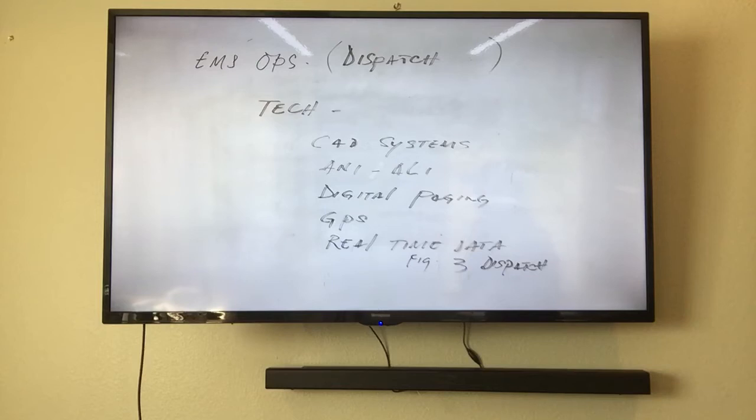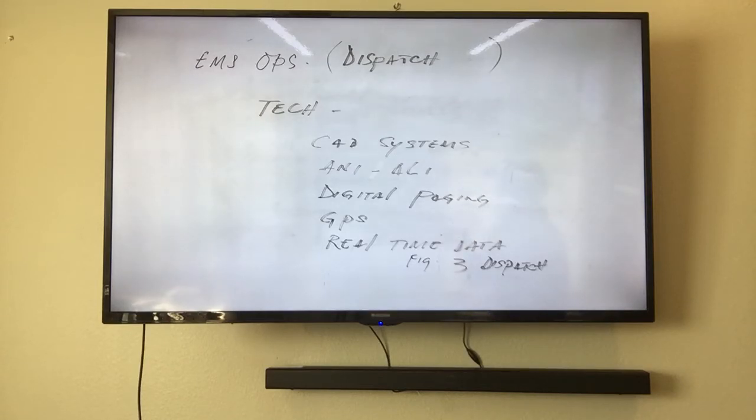Technology has increased our dispatch capabilities, but that does not mean it's made it any simpler. It has increased our ability to understand through E911, our enhanced 911 system, and GPS systems now. We're able to get a lot of data that feeds and streams up into our CAD system.